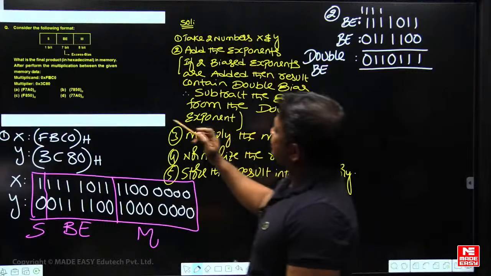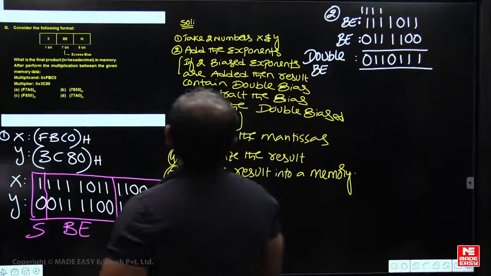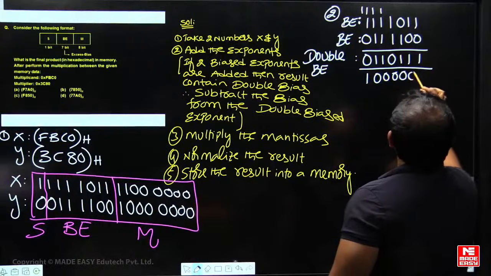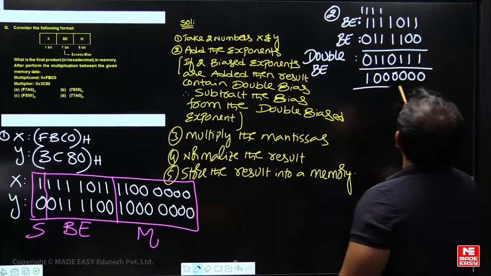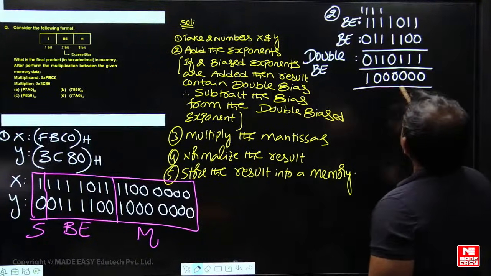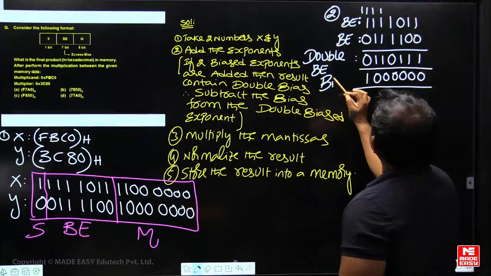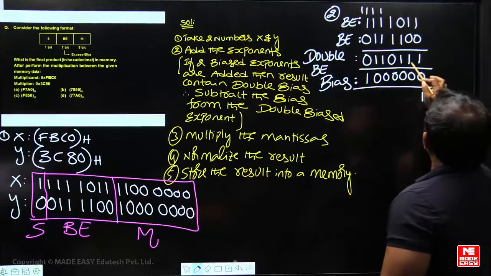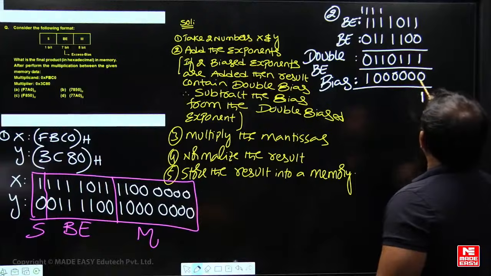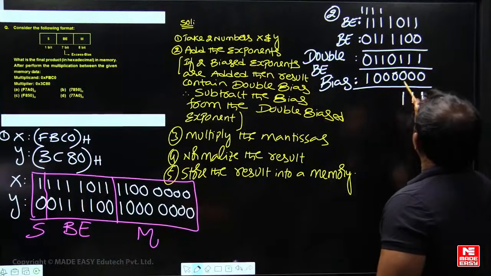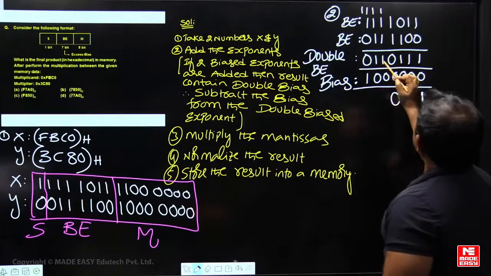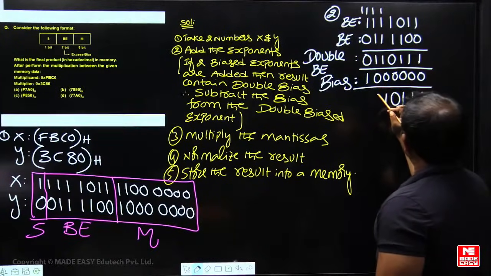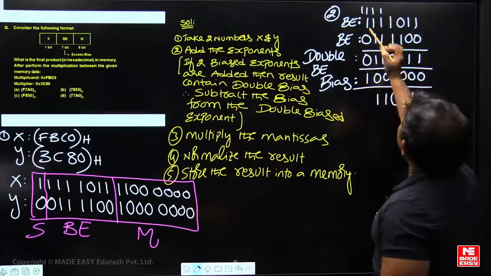What is the bias? The bias of this format is excess bias, which is 1000000. So subtract the bias. 0 minus 0, 1 minus 0, 1 minus 0, 1 minus 0, 0 minus 0, 1 minus 1, 1 minus 0, 1 minus 0. 0 minus 1 is not possible.